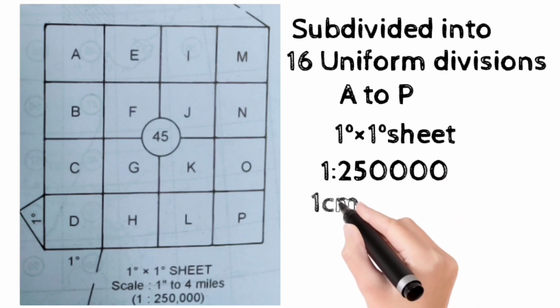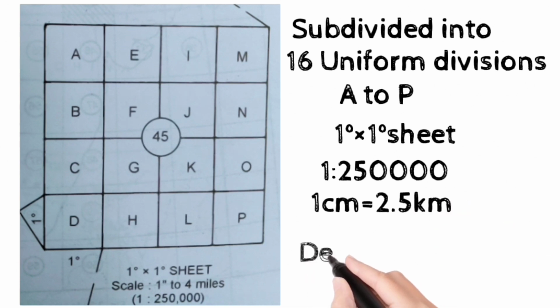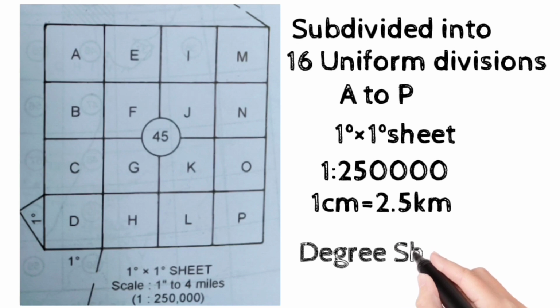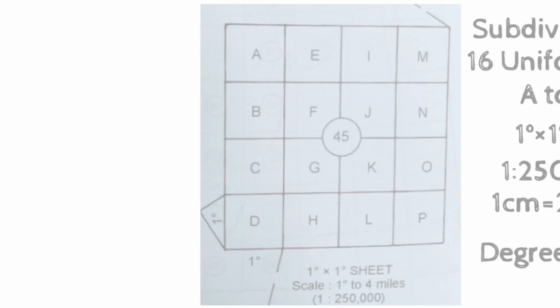These degree sheets are drawn to a scale of 1:250,000, means 1 centimeter in the map representing 2.5 kilometer in the ground, or 1 inch in the map represents 4 miles in the ground.